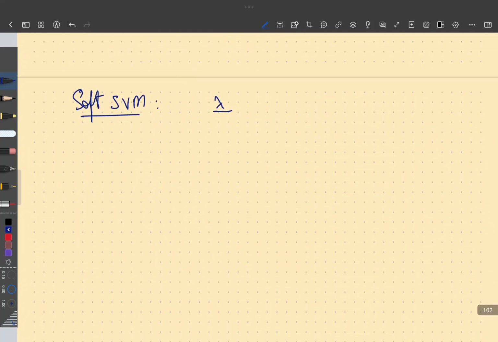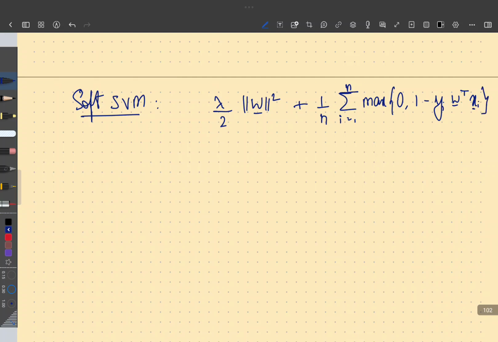Instead of having lambda times norm square of w, I'll have lambda by 2 norm square of w, just because I don't want an additional factor of 2 later on, plus 1 by n, summation i equal to 1 to n times the hinge loss, which is max between 0 and 1 minus y_i times the inner product between w and x_i.